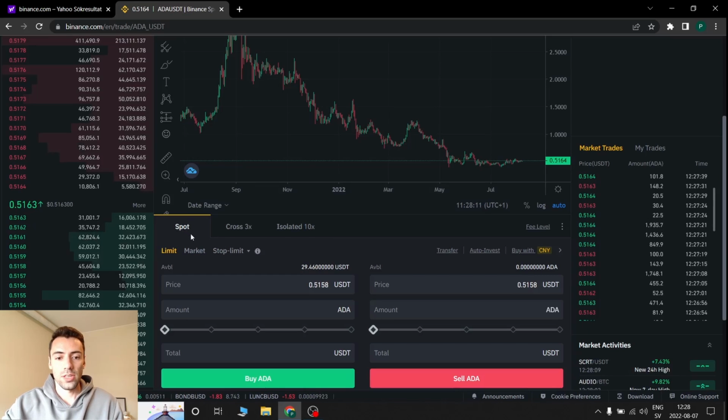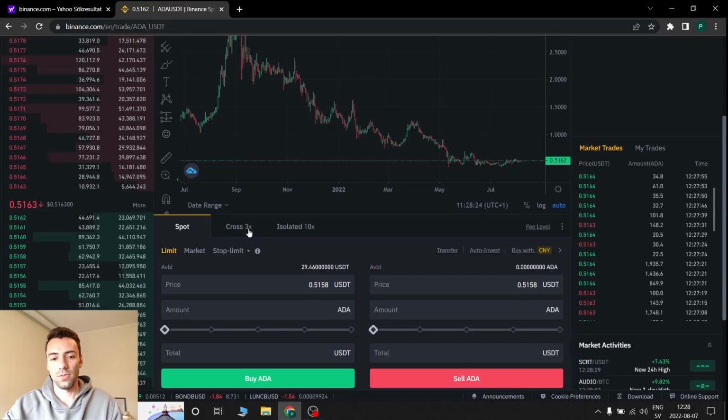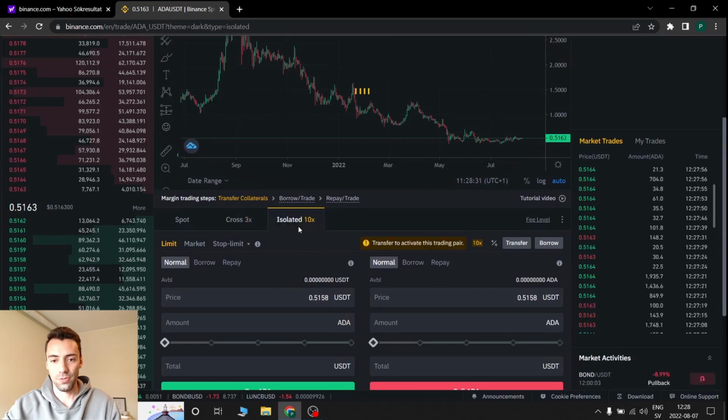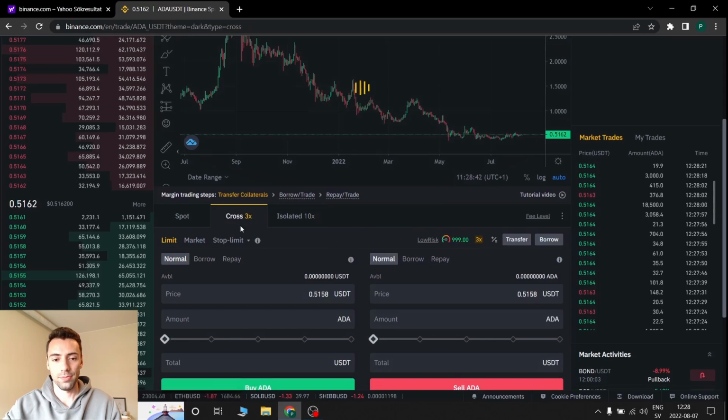Here is a spot with no leverage. So if you earn, for example, 3%, you get 3% of that. Or if you lose 10%, you will lose just 10%. But here in the cross, which is cross multiple 3 or isolated multiple 10, you use leverage. I'm going to show and create a separate video for how you can use leverage specifically in the futures market, not now, because they are risky.